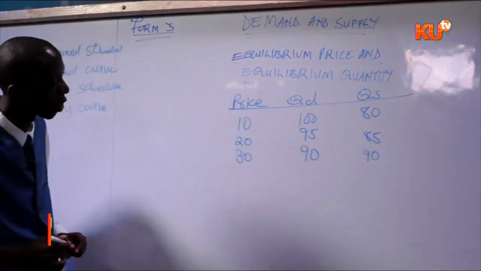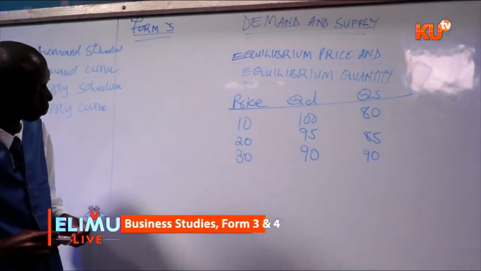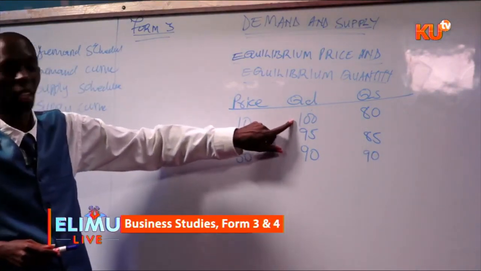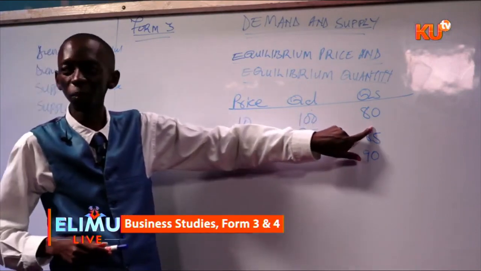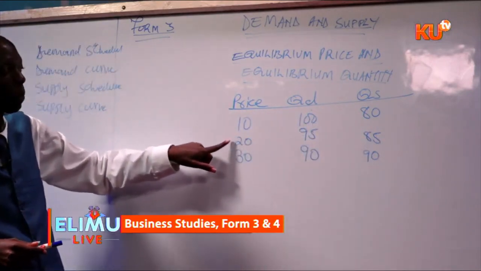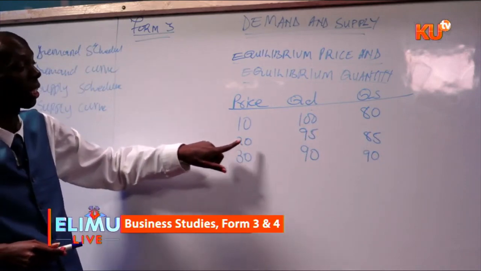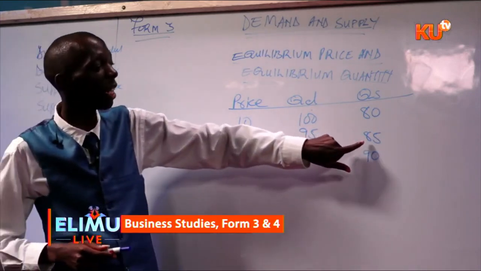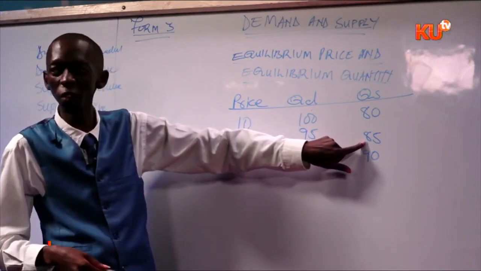I want us to say something up to there. At price 10, the demand is 100 and the supply is 80. At price 20, when the price increases, the demand decreases to 95, and the supply increases from 80 to 85.